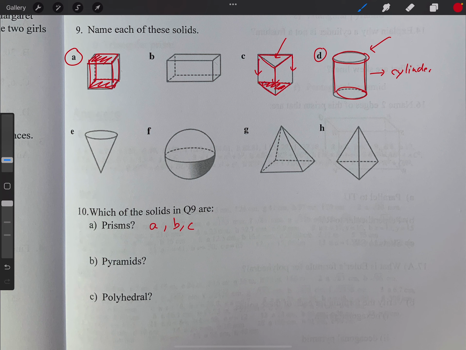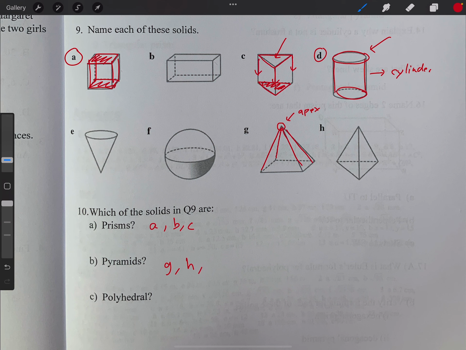So that okay, pyramids. Now pyramids have a point called the apex, and that's the point at the top of everything, and it's a vertex that connects all the other vertices together. Okay, so you could say G is one and H is another one.